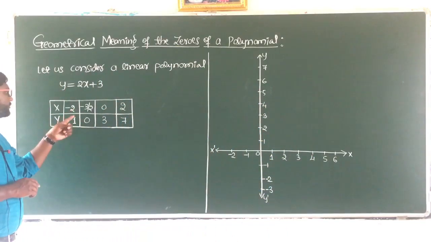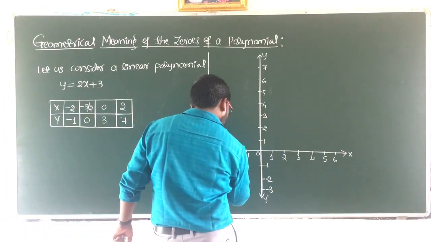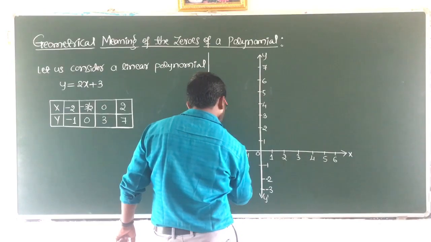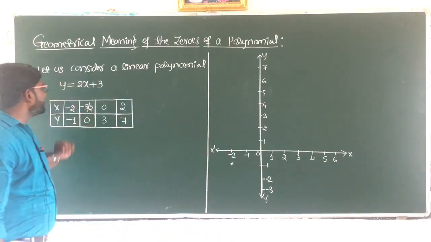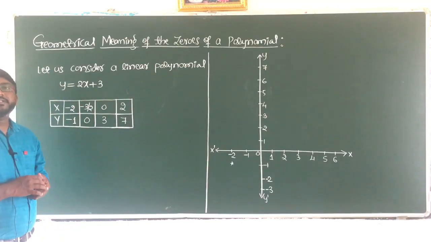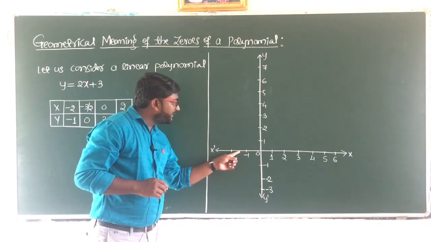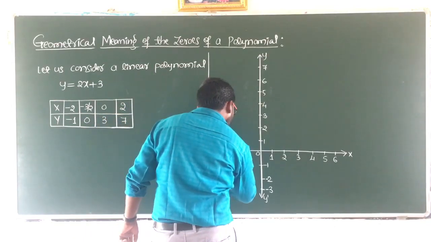Go for the table now. x minus 2, y is minus 1, so somewhere here, this point. Then x minus 3 by 2, which is minus 1.5, will be in between minus 1 and minus 2, so it is this particular point.